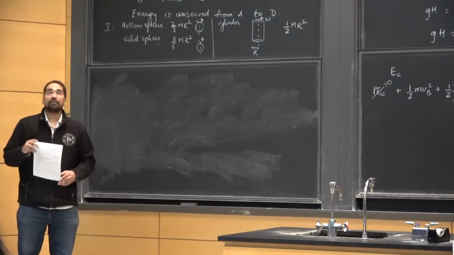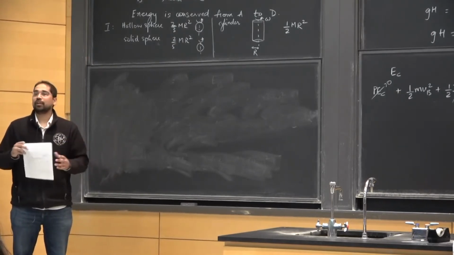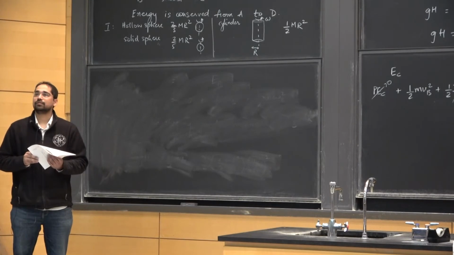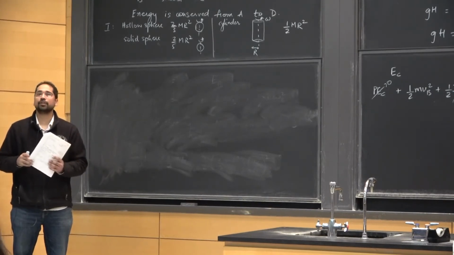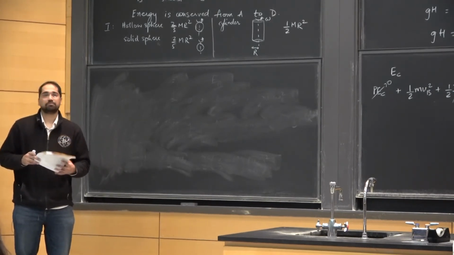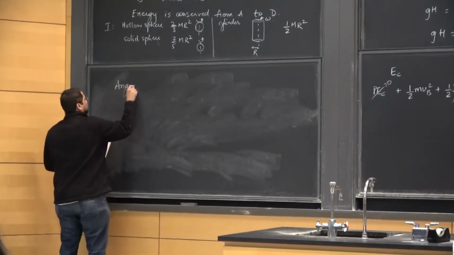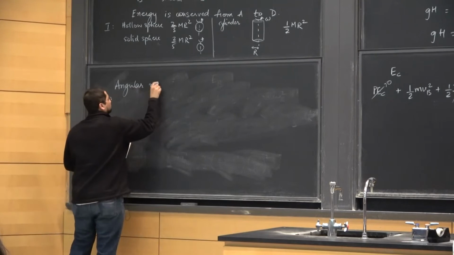So if the sum of all external torques is 0, what should I have? Should I expect a similar conservation law at least? Right? So there is a notion of angular momentum.